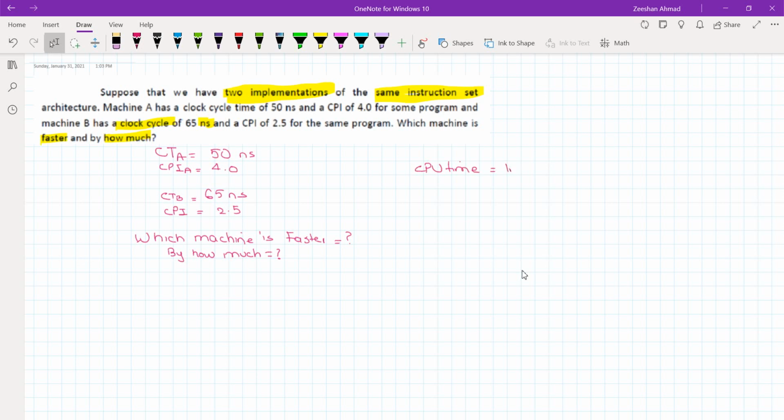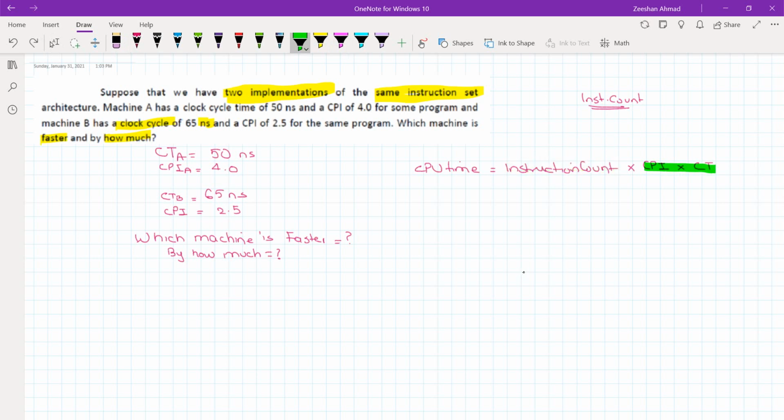So the CPU time is basically the instruction count, directly, multiplied by the CPI, multiplied by the cycle time here. If you remember from here, these two pieces of information are already given to you for both machines A and B. The only thing missing here is the instruction count.